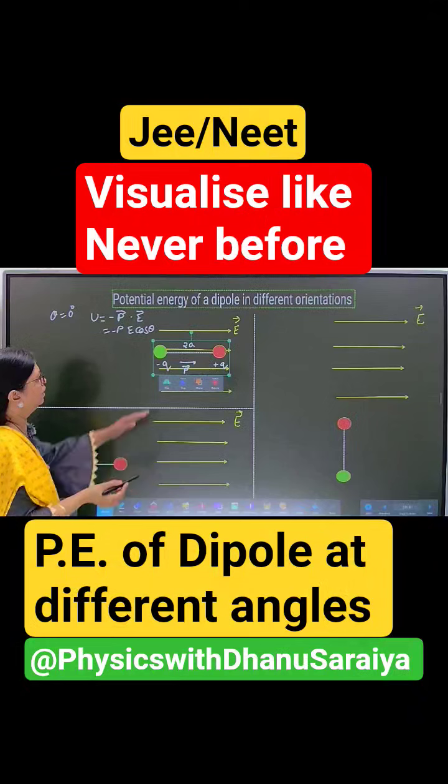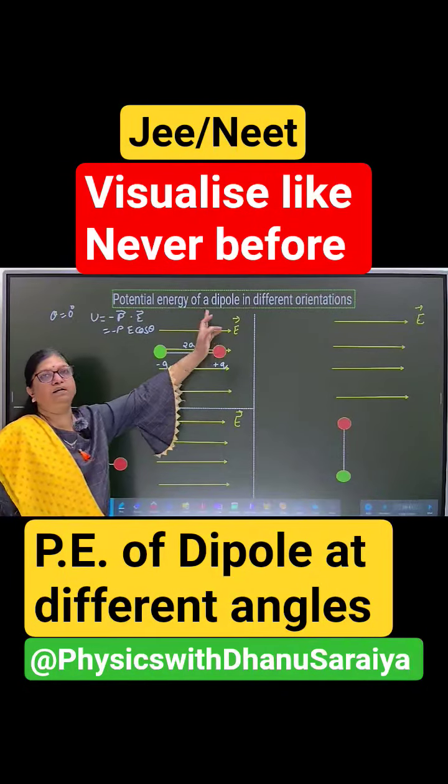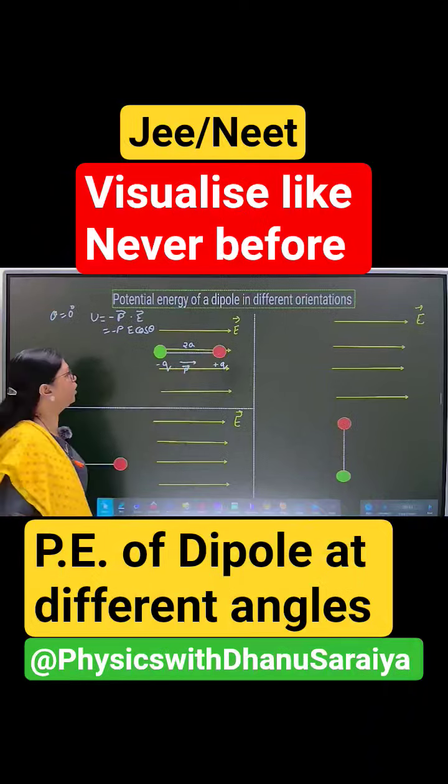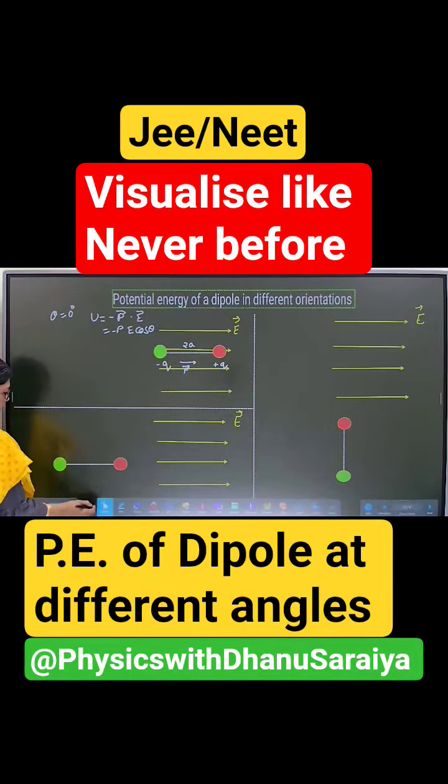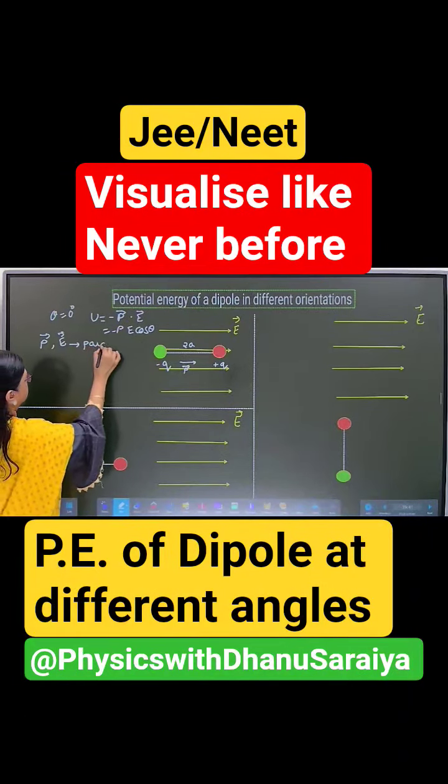As you can see, the angle between vector P and vector E is 0 because both P vector and E vector are parallel to each other.